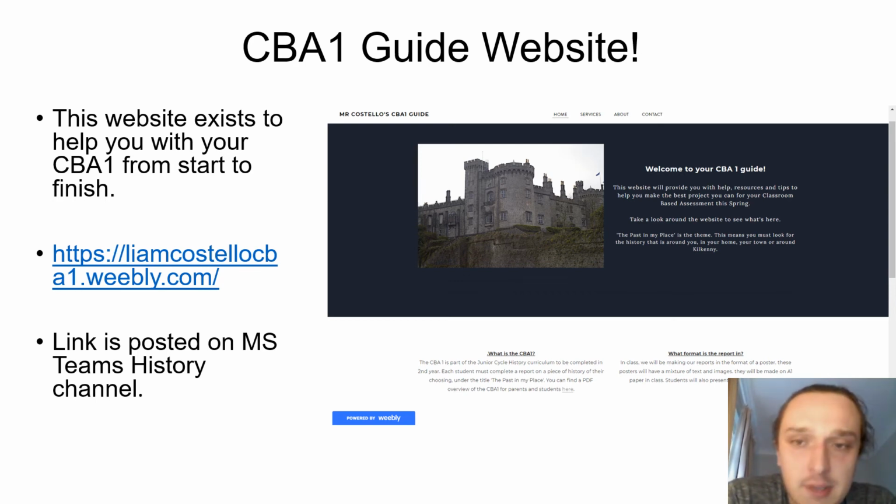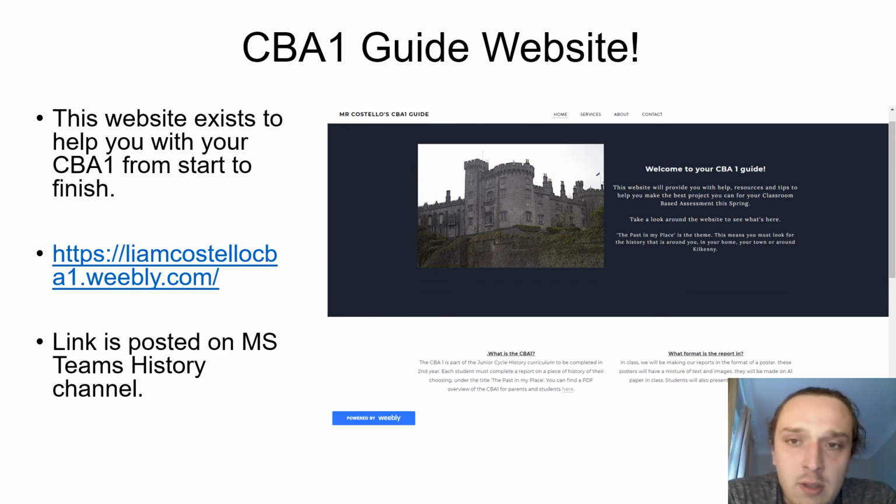Now, there's a number of things on this website for you. There's a lot of information similar to what I went through there, about what the CBA is and what format it should be presented in. There's also a link to a document that yourselves and your parents should read, which I sent home with you in class, but if you lost it or need it again, it's available on the website as well.